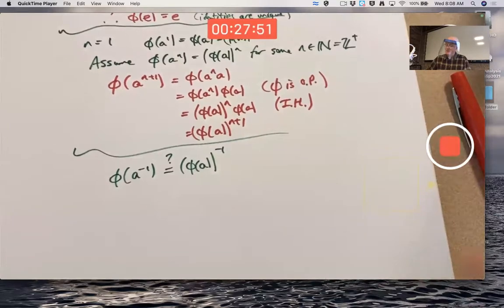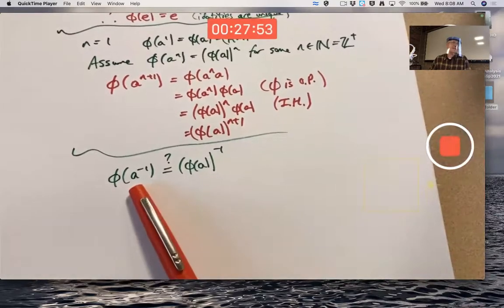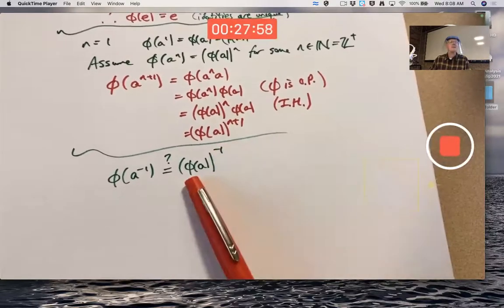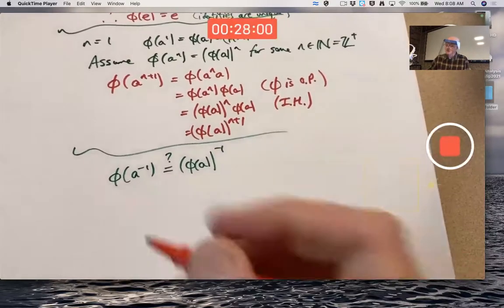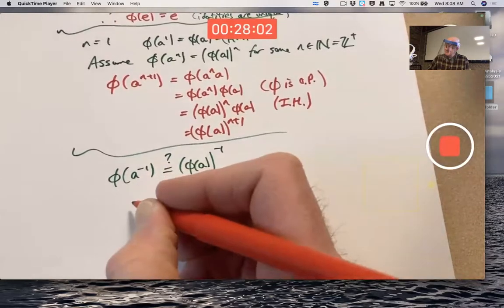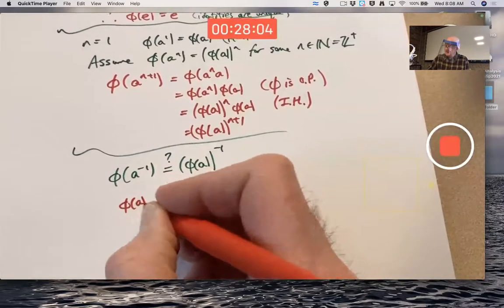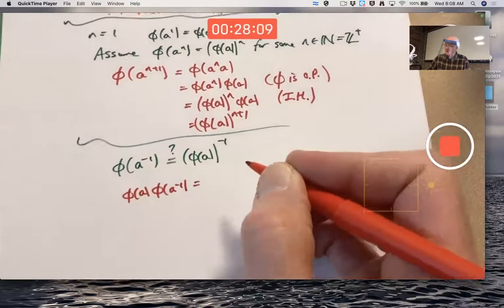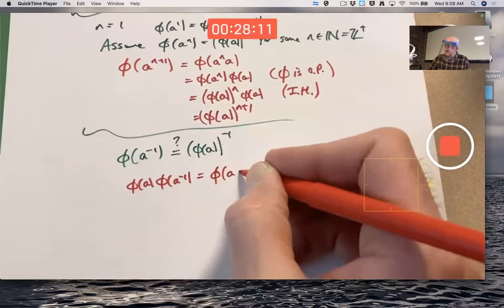Well, you'd want to show that when you multiply this thing times phi of a, you get the identity. That would mean it would be the inverse of phi of a. So do that. Multiply phi of a and phi of a inverse. As always, you got to use the fact that it's operation preserving.